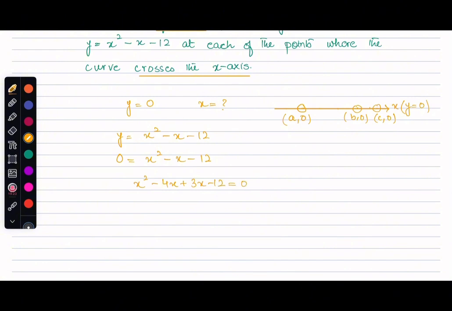I've just factorized the equation here. x common, left with x minus 4, plus 3 common, left here also with x minus 4, or I can say it's x minus 4 and x plus 3, which shall be equal to 0, or I can say x is equal to 4 and it's equal to -3.